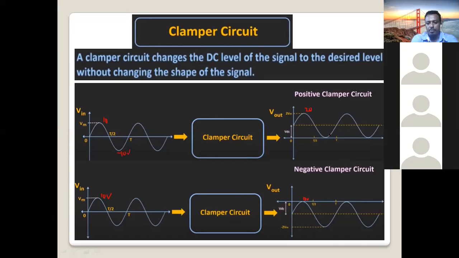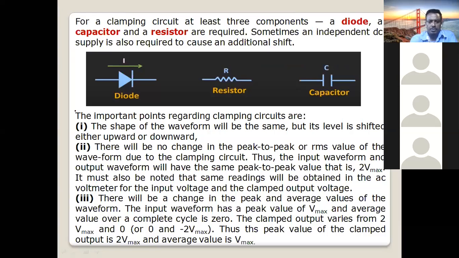After clamping, it goes to 0 volts. When you shift it downward, this minus 10 becomes minus 20. So peak values will change when you clamp a signal, but peak to peak, the range from maximum to minimum, this difference remains the same. These are the three important points about clamper circuits.